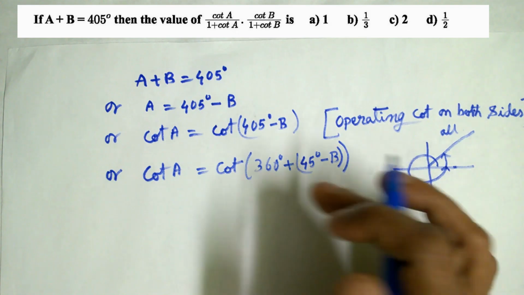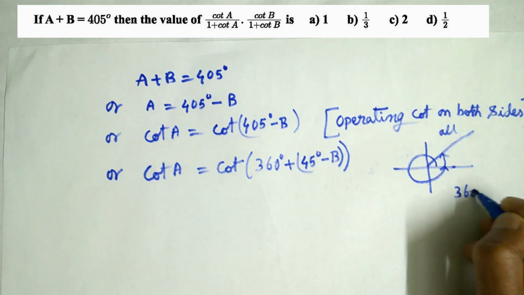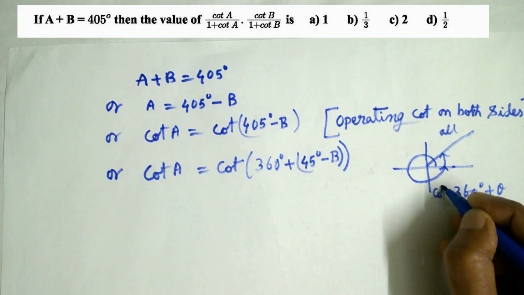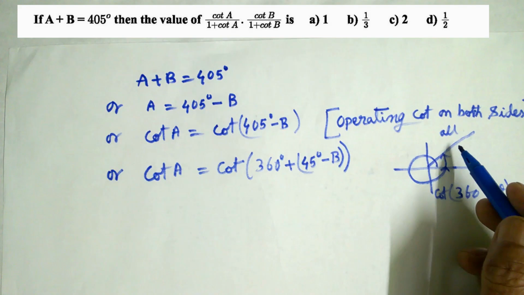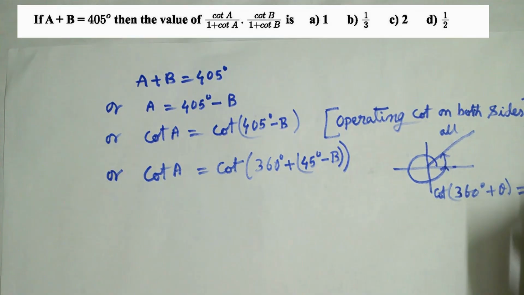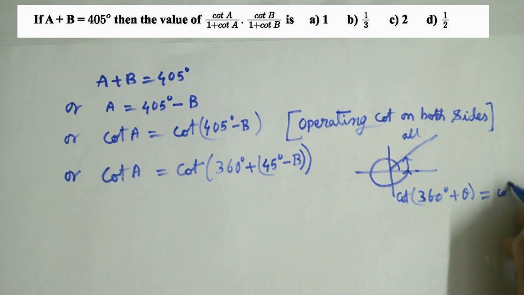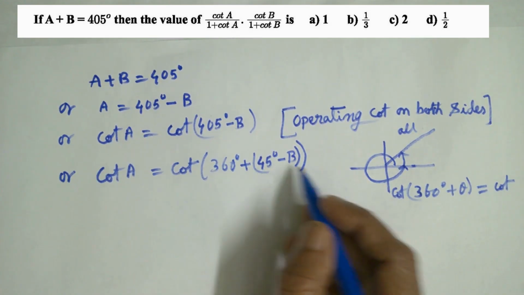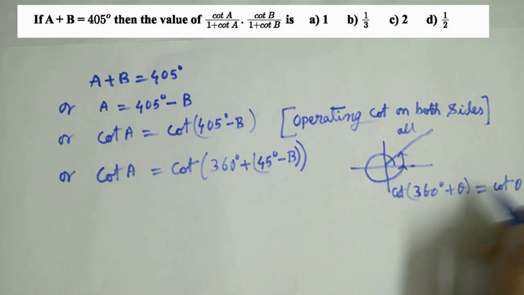Next, use the formula for 360 degrees plus theta. Cot of 360 degrees plus theta, as it is falling in the first quadrant, cot will remain cot. Theta means in this case 45 degrees minus B.